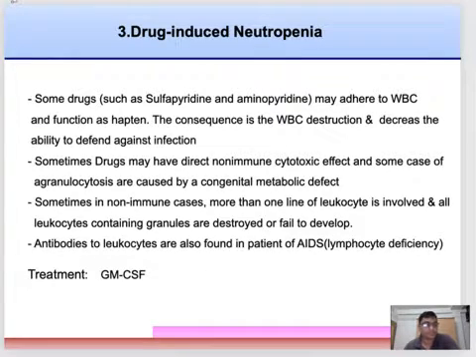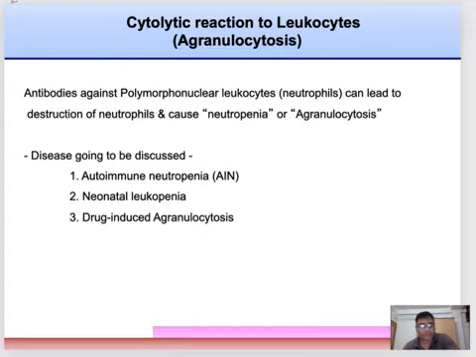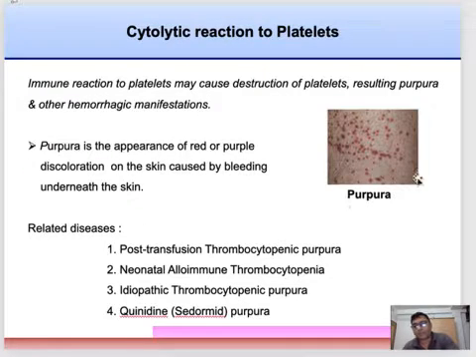So that was all for the cytolytic reaction to leukocytes. Now I'll talk about the cytolytic reaction to another blood cell, platelets. An immune reaction to platelets can occur and destroy them. The result will be the formation of purpura and other hemorrhagic manifestations.